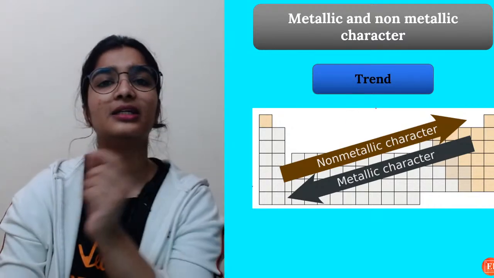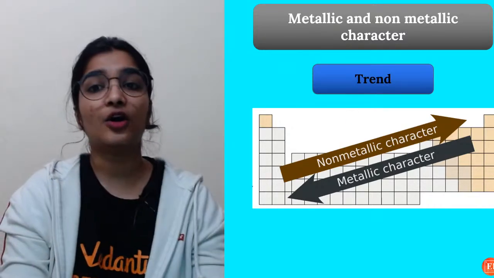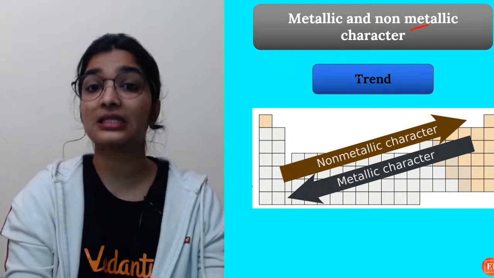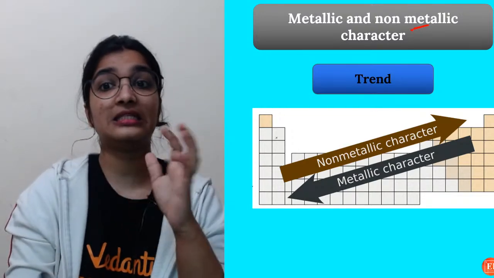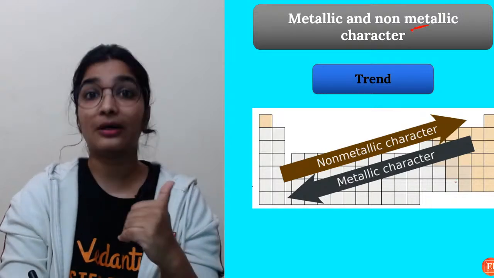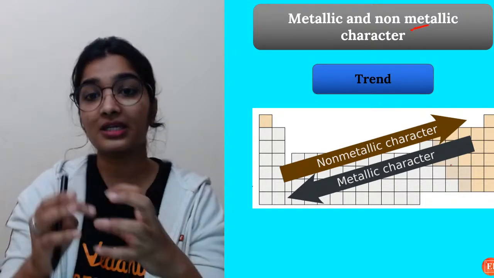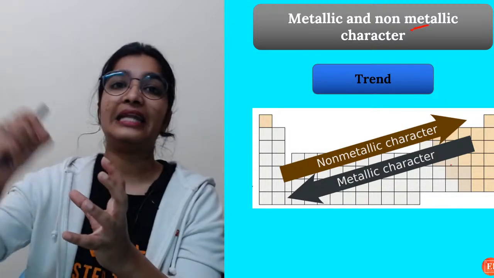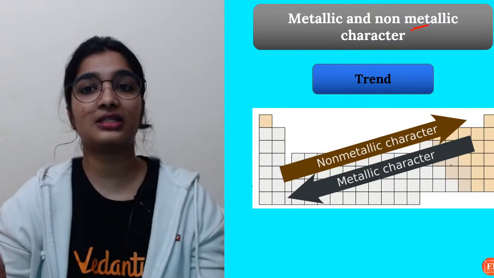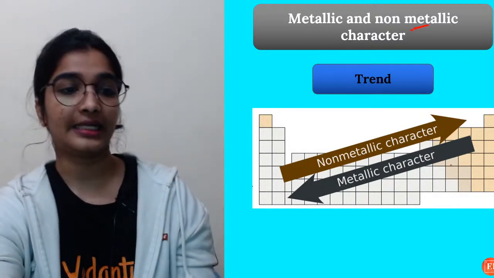Across the period it decreases, and non-metallic character increases. Down the group metallic character increases and non-metallic character decreases, because as the atomic size increases there is difficulty in adding an electron, so non-metallic character decreases.